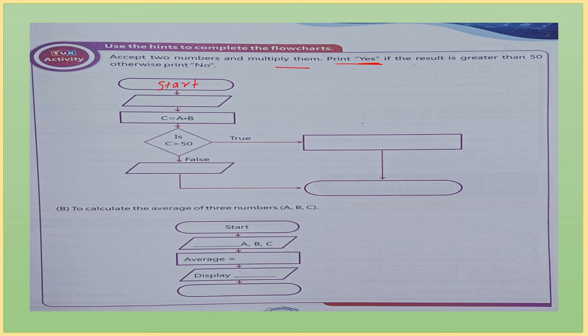Print yes if the result is greater than 50, otherwise print no. So what you have to do: start, then read two values as input, A comma B. C is equal to A into B, that is a multiplication, and that value comes in C. The question is saying that if the result, C, is greater than 50, it will print yes.